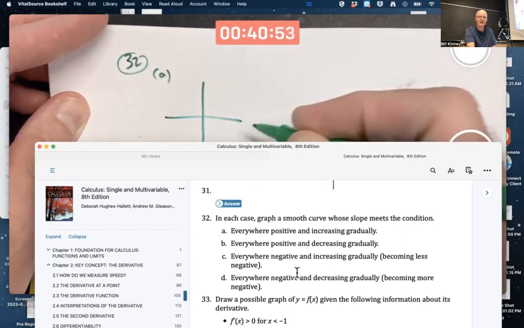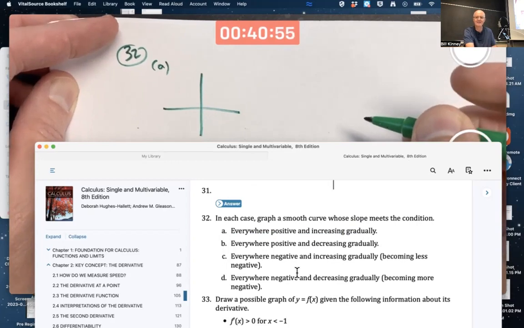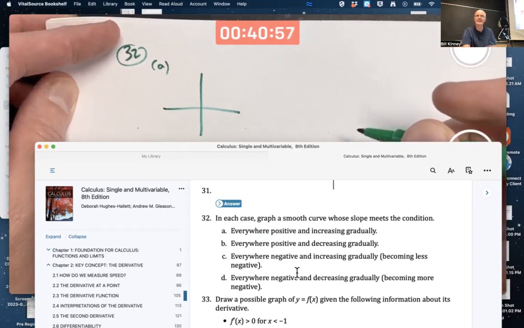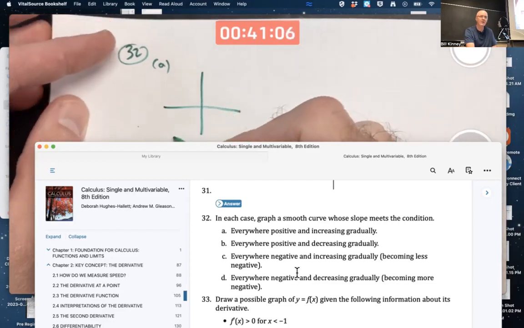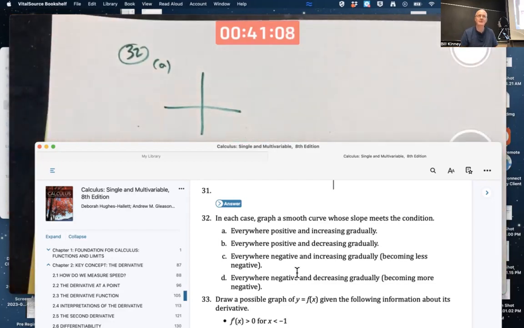We want the slope in part A to be everywhere positive and increasing in slope gradually. That's positive, so you got to have a graph going up as you move from left to right. If I want the slope to increase, what do I want?